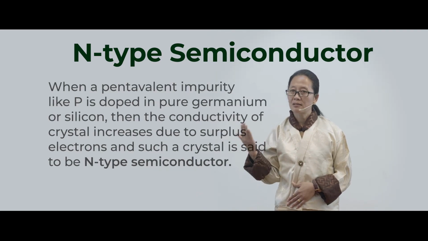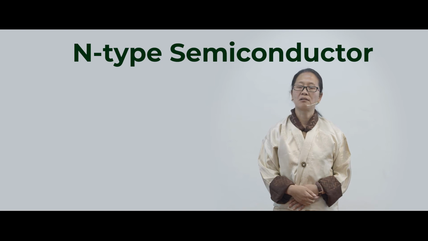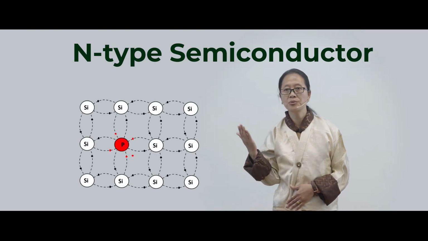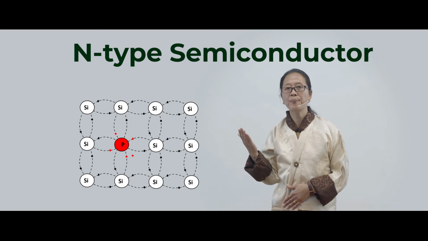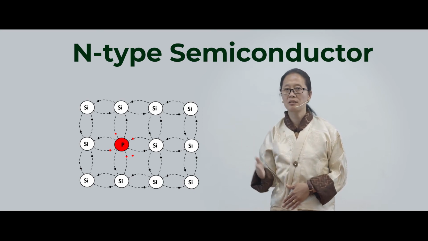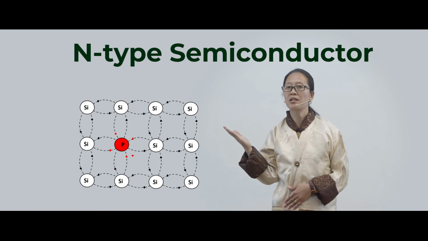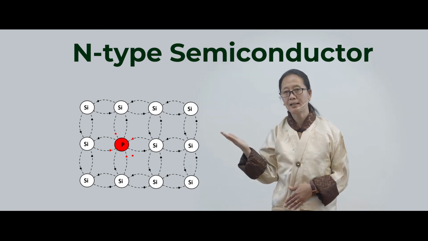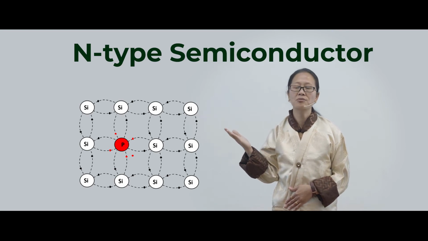Now let's look at the crystal of n-type semiconductor. So I already showed you the crystal of pure intrinsic semiconductor. Now see the difference between the intrinsic semiconductor and n-type extrinsic semiconductor. What difference do you find?